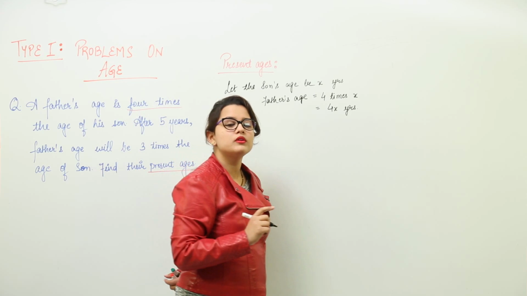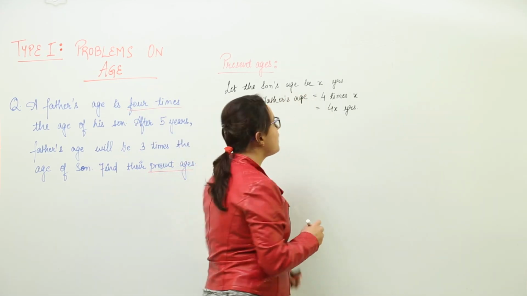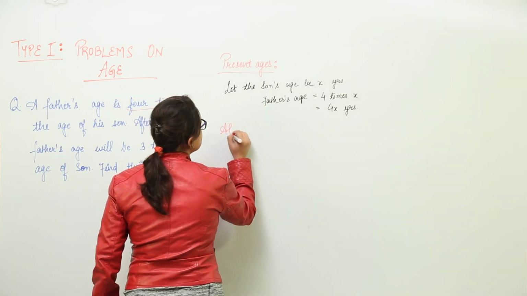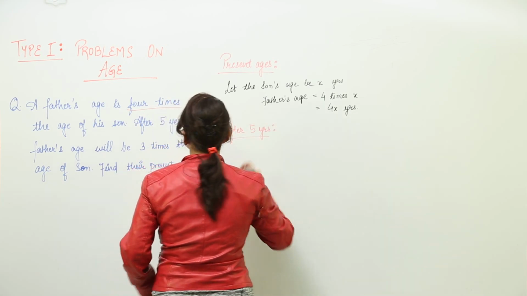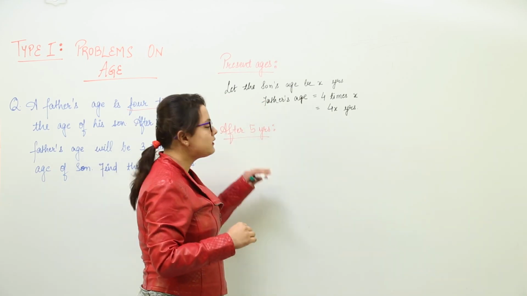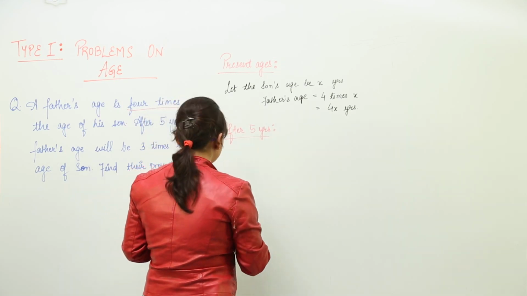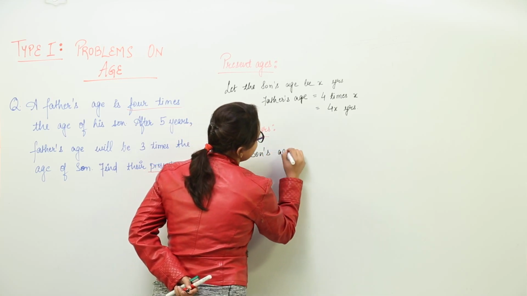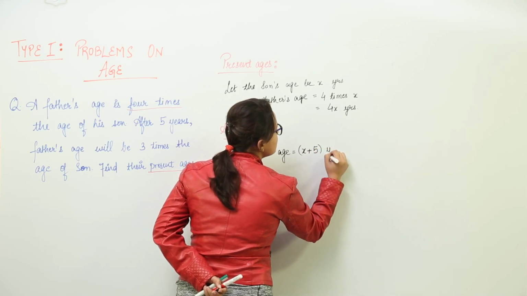These are their present ages. Now, we will talk about their future ages, that is after a period of 5 years. So, you will have to write down the period, after 5 years. Before they give the relation, you must write down what their ages will be after 5 years. The son's age after 5 years would be x plus 5 years, isn't it?